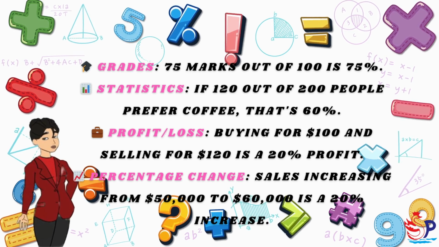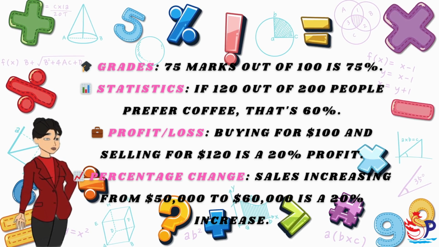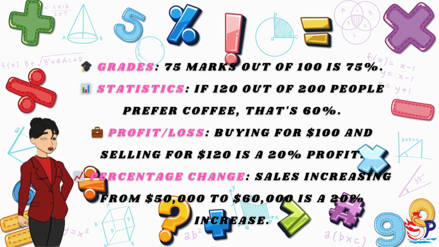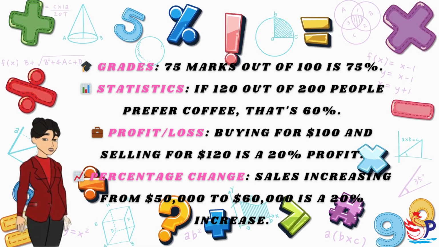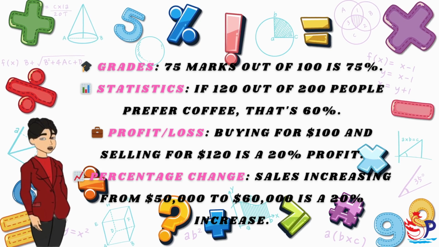Profit and loss. Example: Buying for $100, selling for $120. Profit is equal to $20. Percentage profit is equal to 20 divided by 100 multiplied by 100, which is equal to 20%.